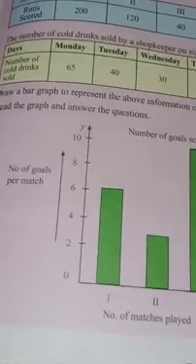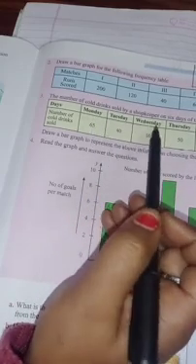Question number 3, see that I am showing you what question number 3 is. Here, the number of cold drinks sold by a shopkeeper on 6 days of the week are shown below. Days of the week you will take on the x-axis.